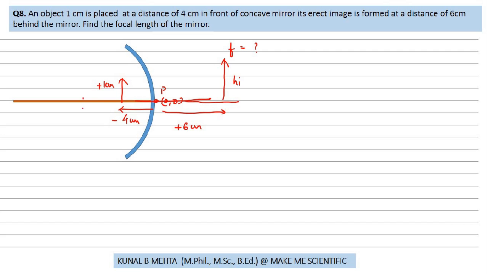Now I know that the focus should be somewhere over here, because if the object is between F and P, then and only then you are going to get the image behind the mirror. So my answer of focal length should be more than 4, right? So let us apply the formula. 1 upon f is equal to 1 upon u plus 1 upon v. 1 upon f is 1 upon u, which is minus 4, plus 1 upon plus 6.